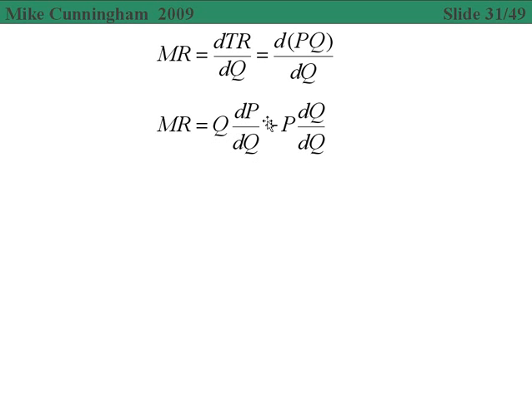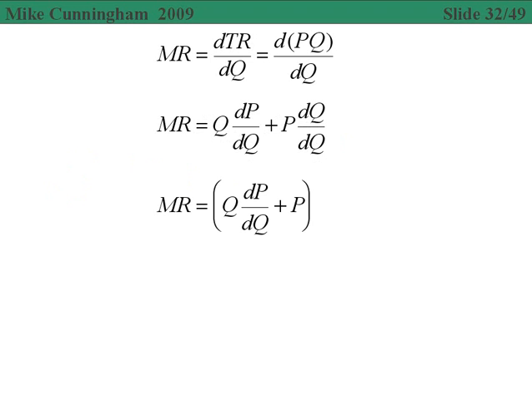So we just take Q dP by dQ plus P dQ by dQ. If you've studied the calculus before, you'll realize that is the product rule, and everybody who does calculus knows and loves it. Well, may not.